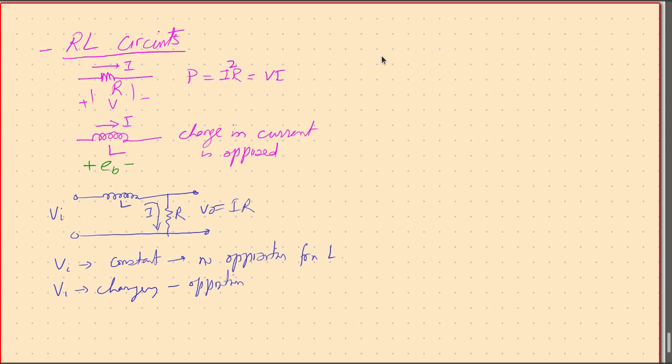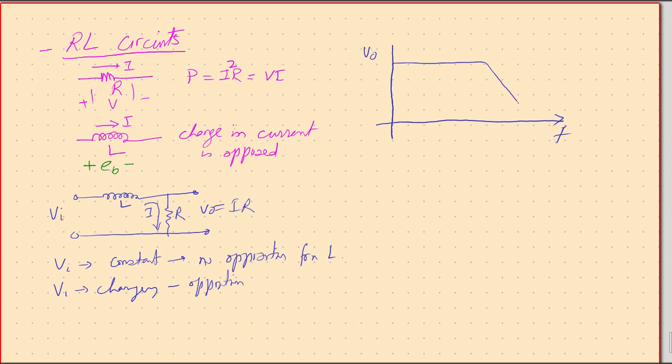So if we plot the output versus the frequency, then at lower frequencies there won't be any opposition, so we find a better output. But as the frequency increases beyond some limit, then opposition starts growing, and hence the output reduces.